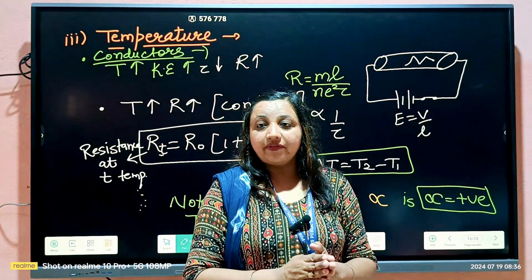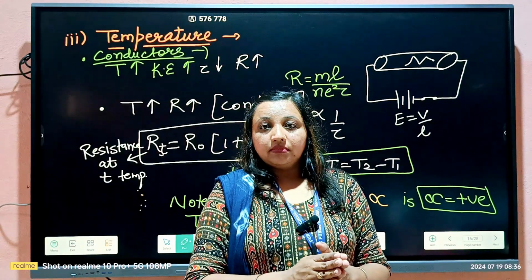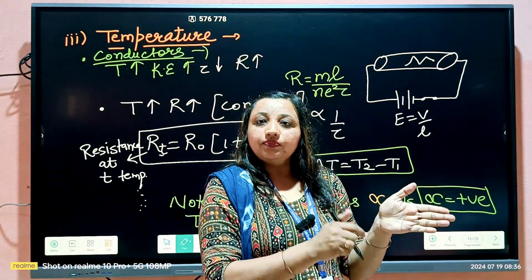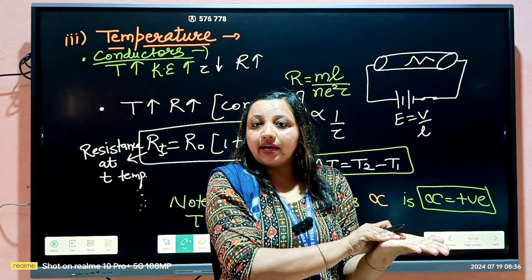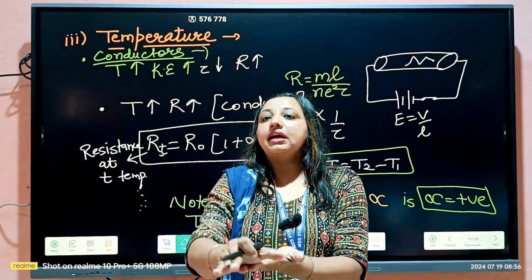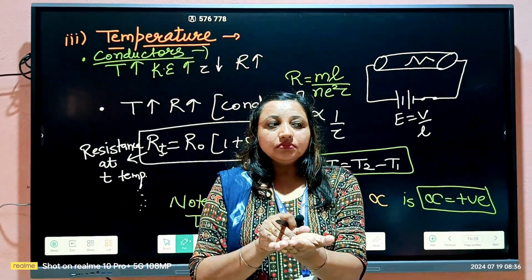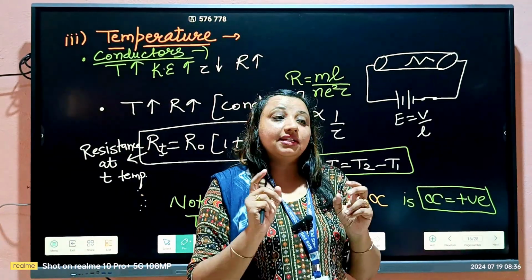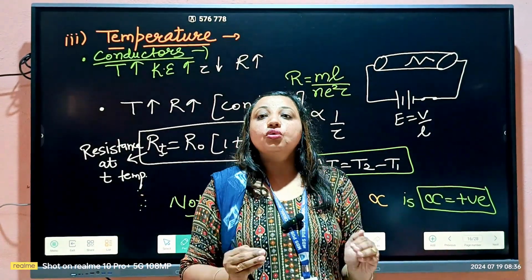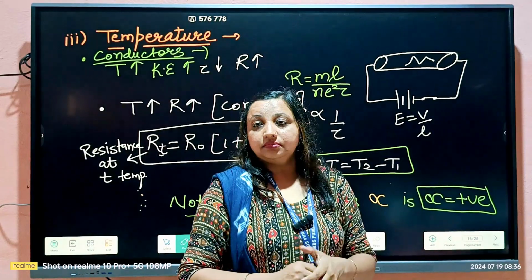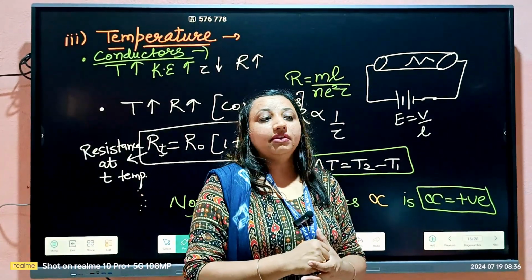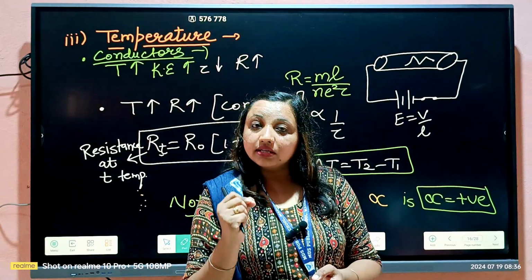We have a copper wire. In fact, we have two copper wires. Two cases are there. One, there is no increase in the temperature of that wire, and second one, we increase the temperature of that wire. So among these two copper wires having the same length, whose resistance is greater? The second wire, in which the temperature increases.